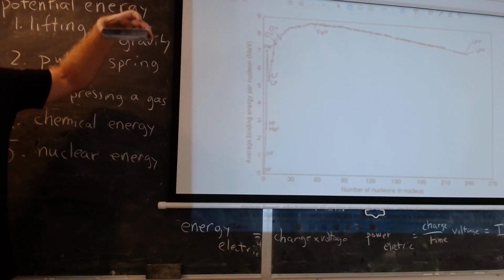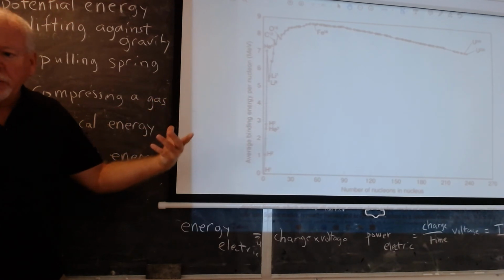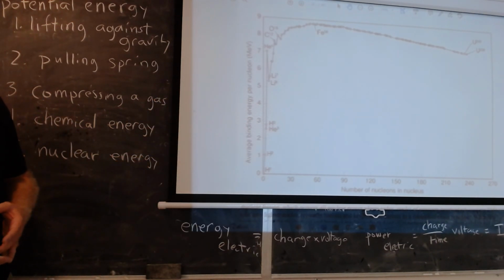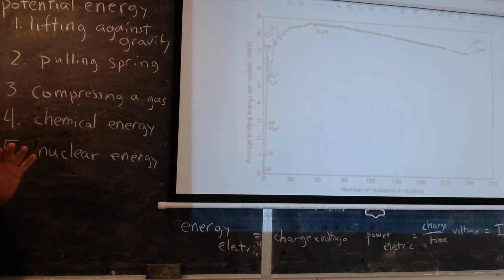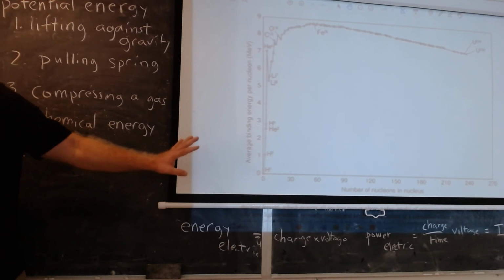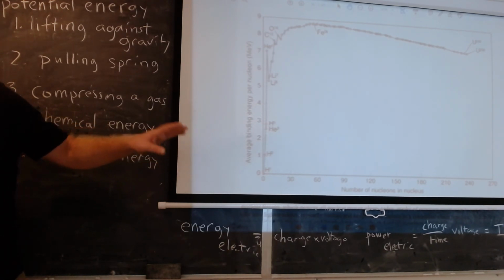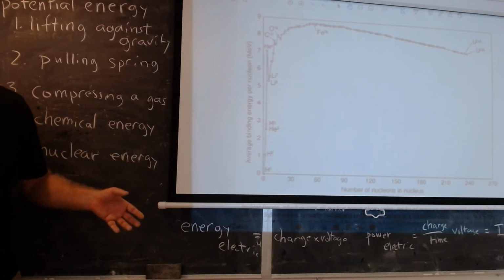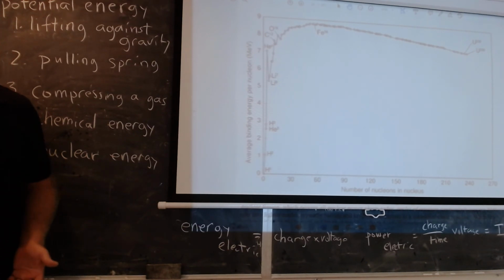And so when I undergo a reaction, for example, if the reaction is drop this eraser, the product of that reaction is a more tightly bound system, and so I have given up kinetic energy. And that's a useful way to think about this. So when I undergo a nuclear reaction, particularly fission of uranium, the products are more tightly bound, and so it's like dropping that eraser, I give up kinetic energy.